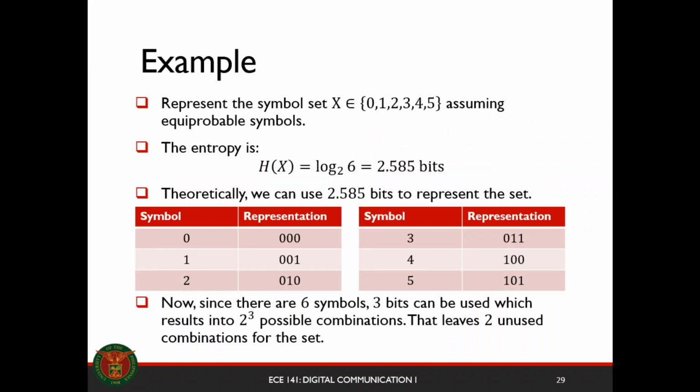So, example. Let's say you want to represent your symbol set X, whose elements are 0 to 5, and assuming we have equiprobable symbols. The entropy of this set is 2.585 bits. Normally, when we don't have any knowledge about coding, we'll just think that we can use 3 bits to represent these 6 symbols.